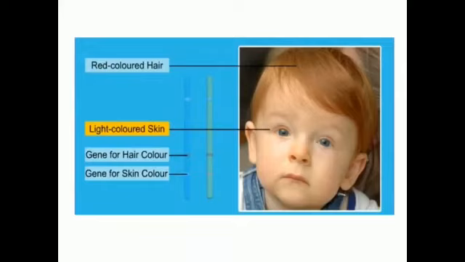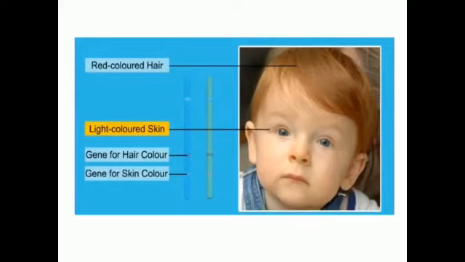So, if the child has light colored skin, then it will automatically have red colored hair, as the gene for hair color and the gene for skin color are placed very close to each other. That means they are linked.